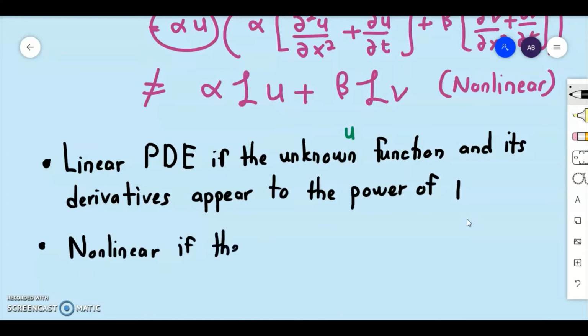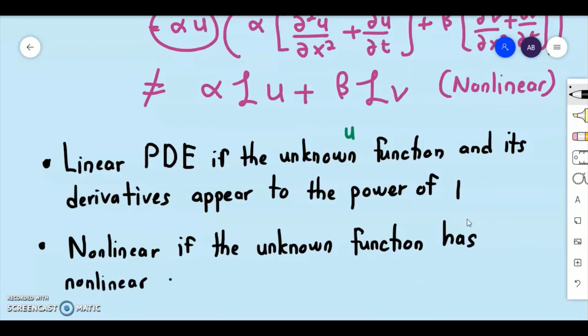if the unknown function has nonlinear operators, or in other words, it has a nonlinear function.